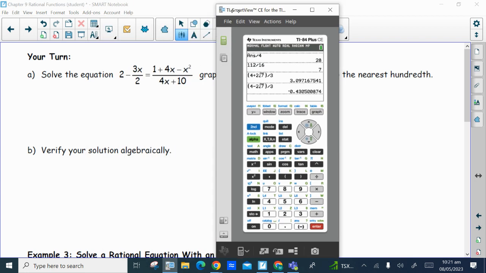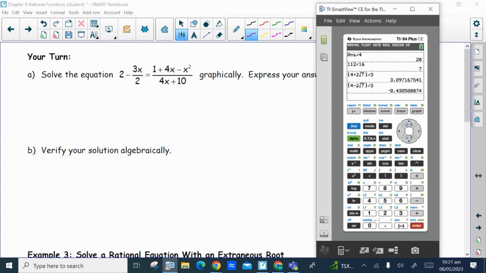So this first one we want to do, again, graphically, round to the nearest hundredth. So it's 2 take away 3 halves x, which we can write as 1.5x if we want, because 3 over 2 is exactly 1.5.